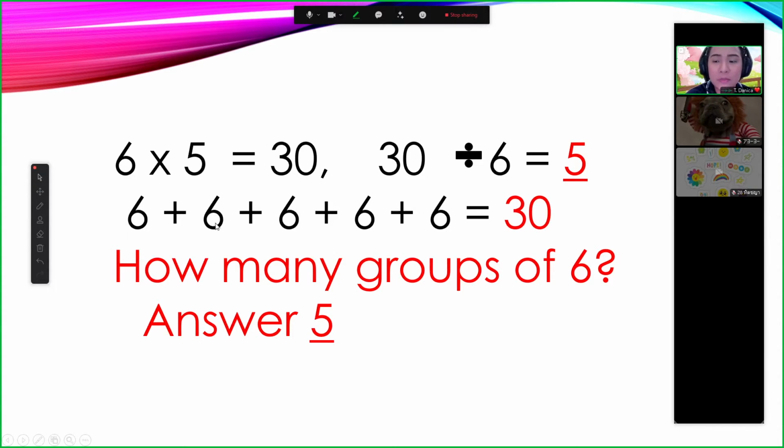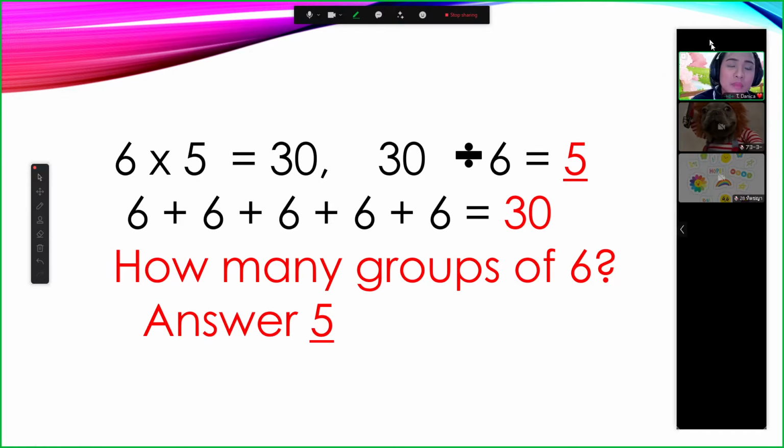You have 6 plus 6 plus 6 plus 6 plus 6 equals 30. Now, when you divide, it's like making groups. If you have 30 and you want to make groups of 6, then you divide it by 6. And the answer will be 5.